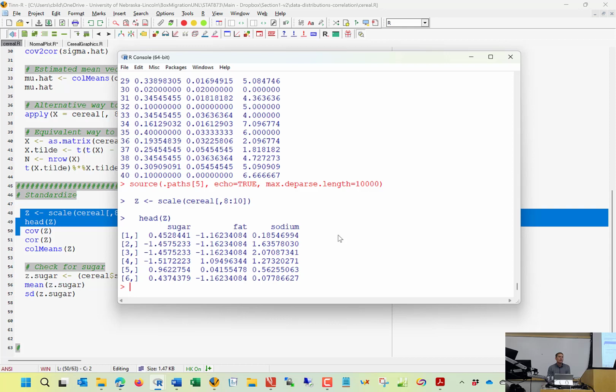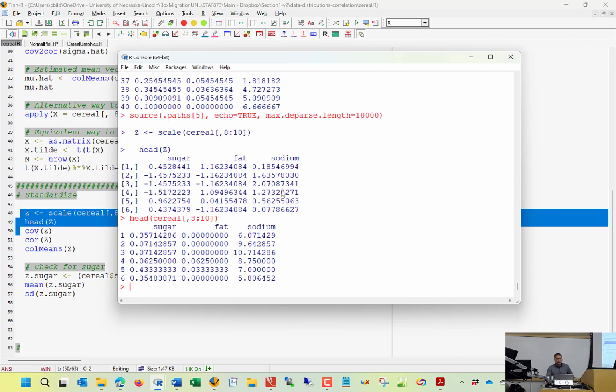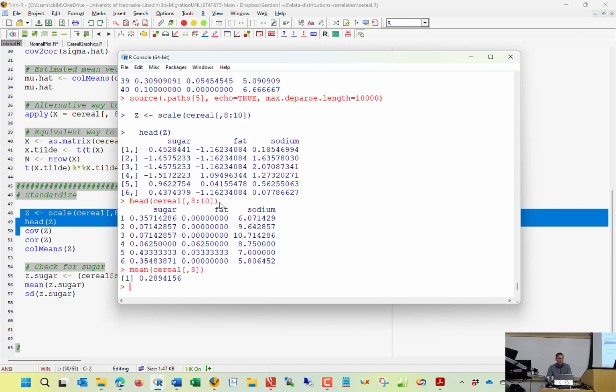So for sugar, for this 0.4528, how did I find that? I took the first observation, 0.357, and subtracted off the mean of all the sugar values, which was 0.28.